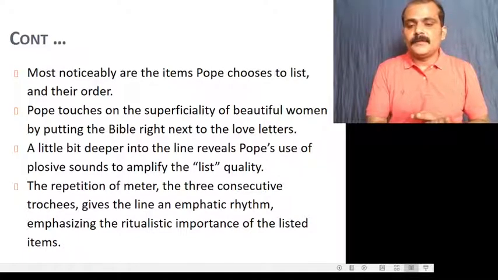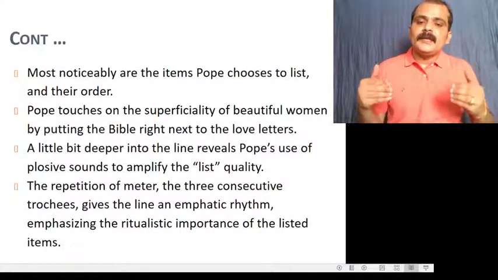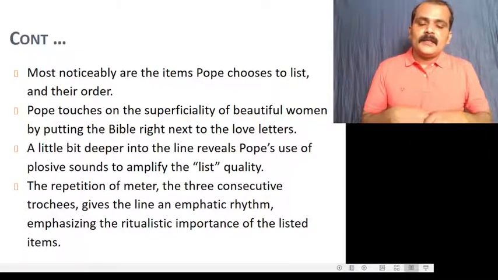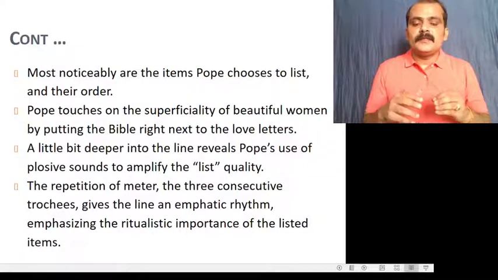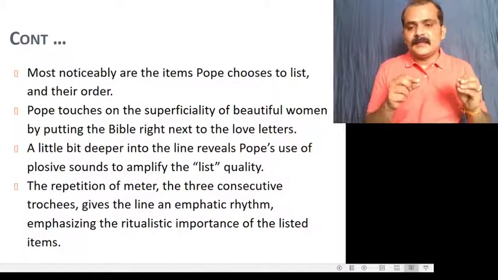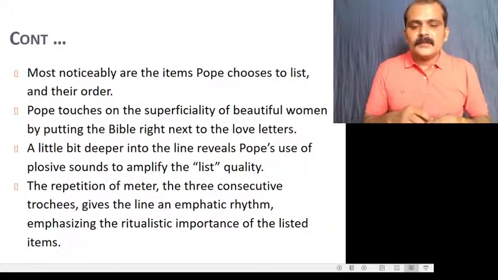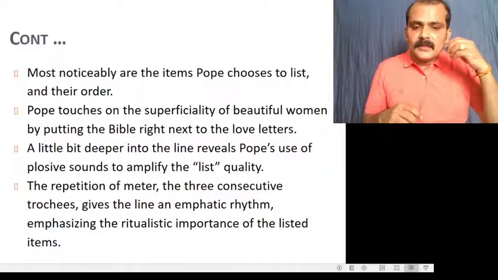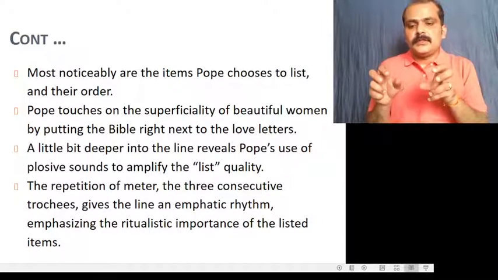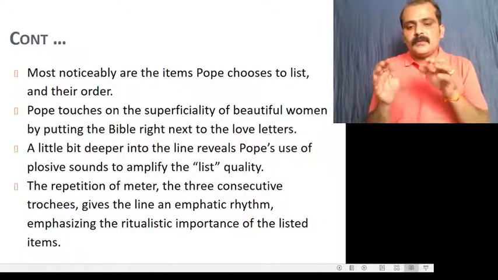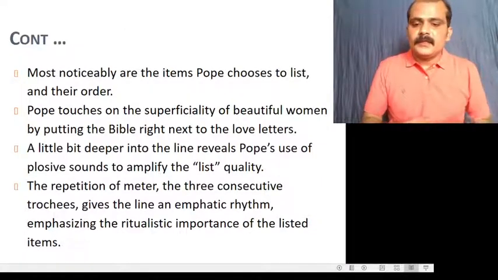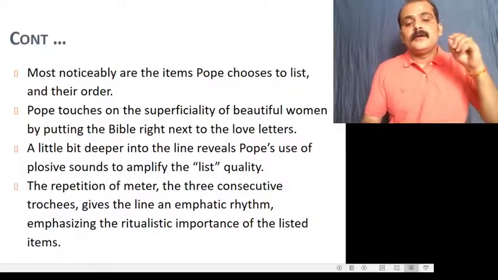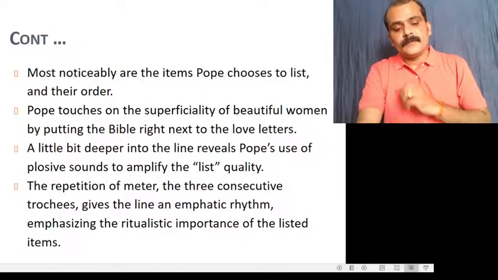A little bit deeper into the line reveals Pope's use of plosive sounds to amplify the list quality, and the repetition of meter, the three consecutive trochees, gives the line an emphatic rhythm, emphasizing the ritualistic importance of the listed items here.